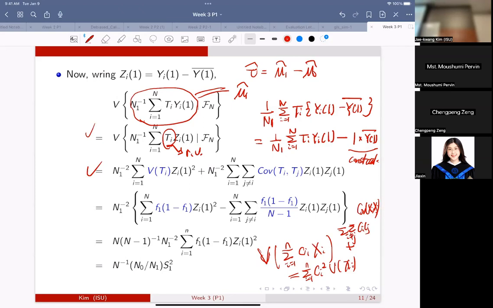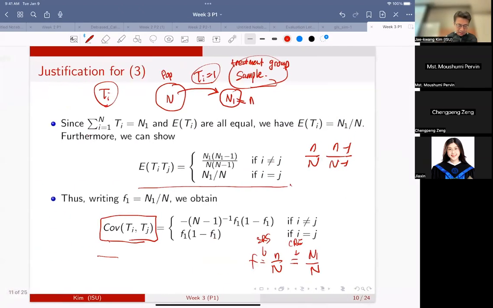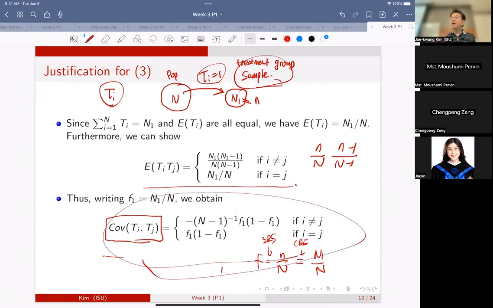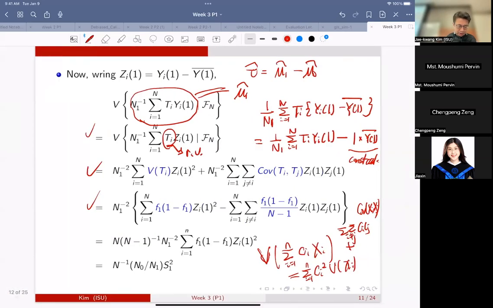So this part comes from this formula. What we really want to compute is this equivalence.